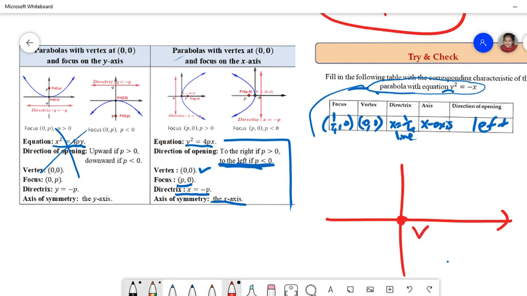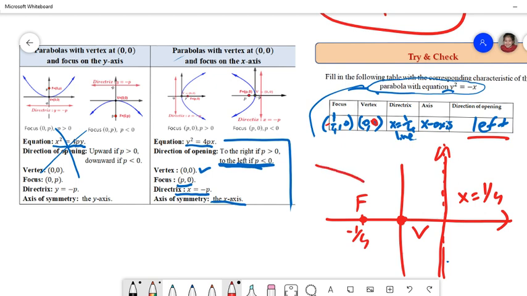The focus is somewhere here, at minus 1 over 4, and the directrix is x equal to 1 over 4 line. It will pass through the vertex and open to the left.